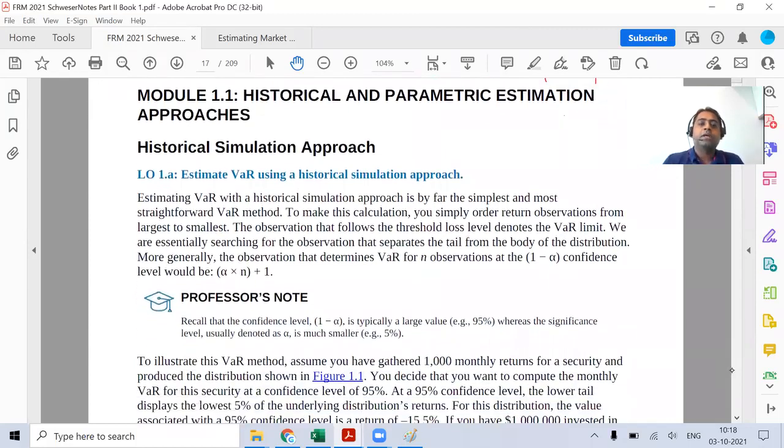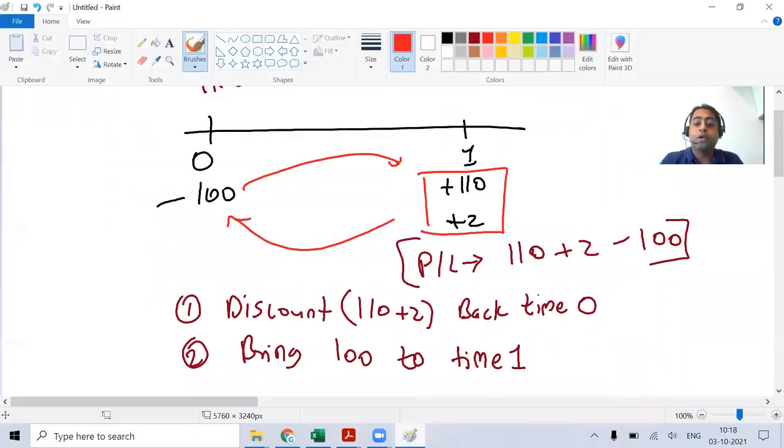Historical simulation. You have kind of done this, but there is a slight variation. A lot of the authors have their different methods of identifying the VaR point, which you will see over here also. Let me give you a very basic example and a quick summary of what we were doing in level 1.